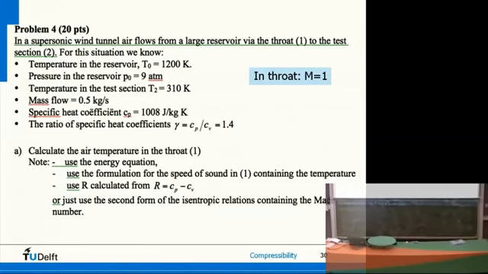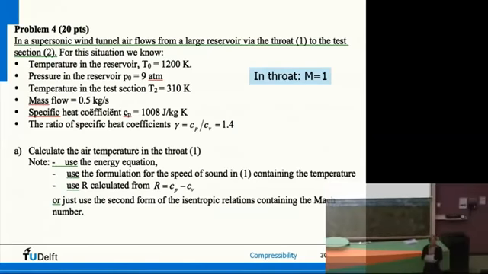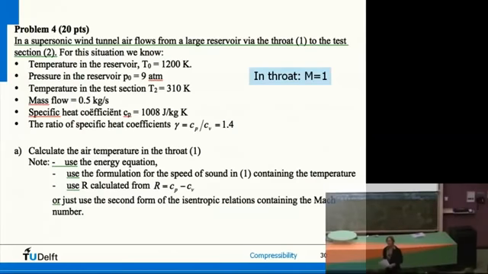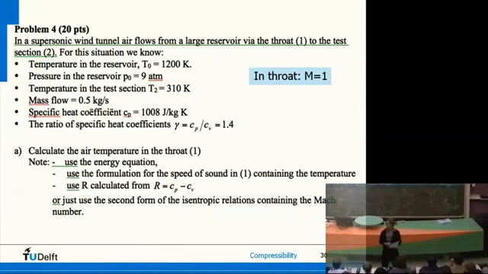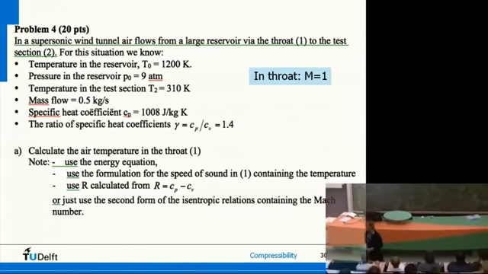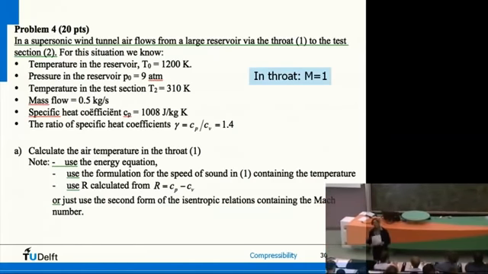And just forget about it, or just use the second form of the isentropic flow relations, because that's the second form you get Thursday. So we only know the first form of isentropic flow relations. We can still solve the problem. So, okay, what do we need to do first?